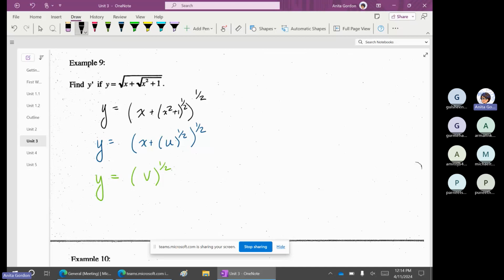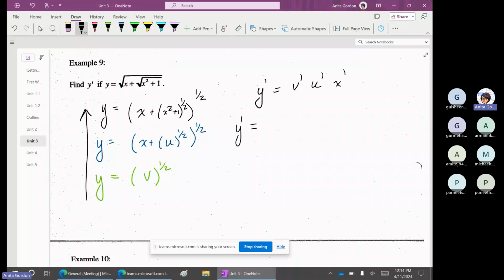Okay. Y prime is going to be V prime times U prime times X prime. We start on the outside and work our way in. So let's do this ugly thing.